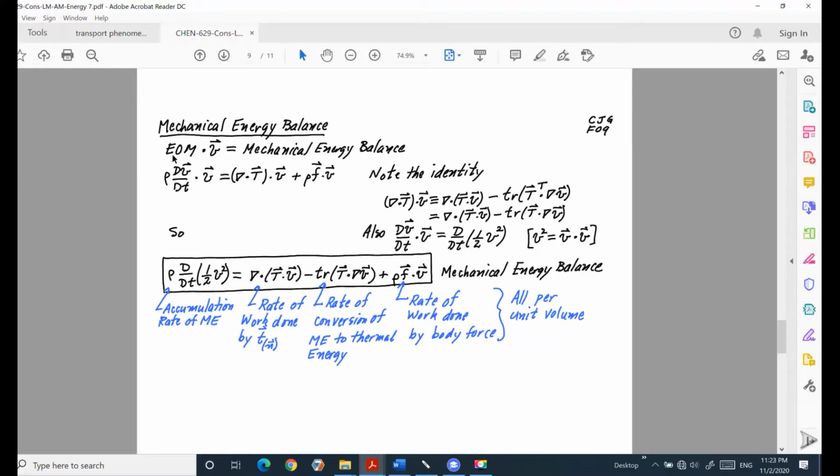By taking the equation of momentum, if we take the dot product between the equation of motion and the velocity vector, then we can obtain the mechanical energy balance. So a dot product at the left side, and a dot product between the total stress and that term, and the body force.